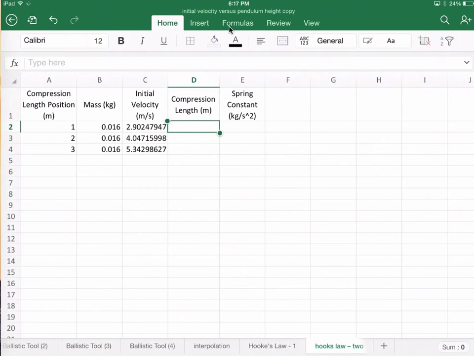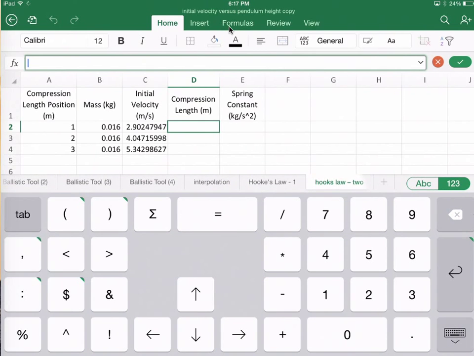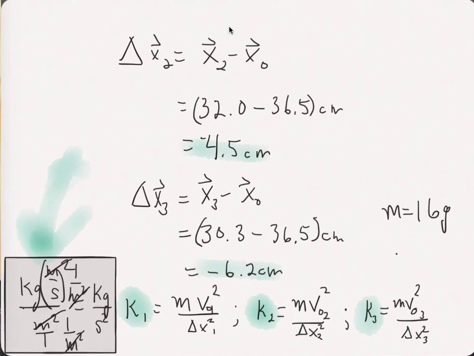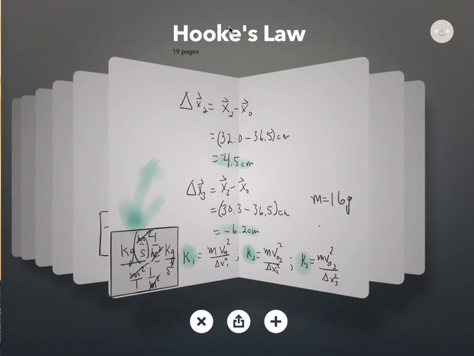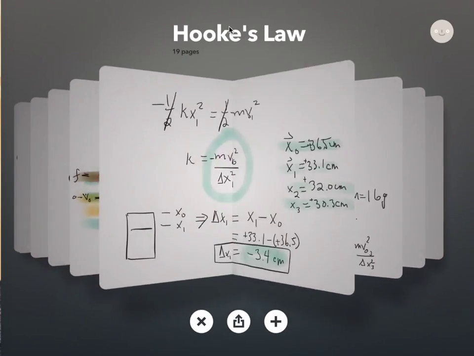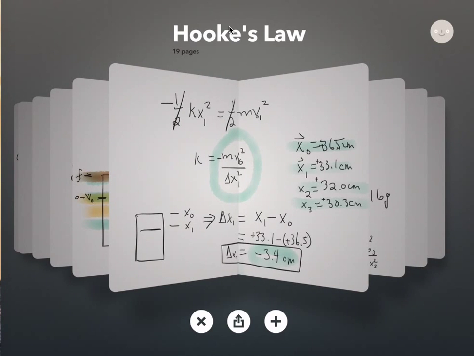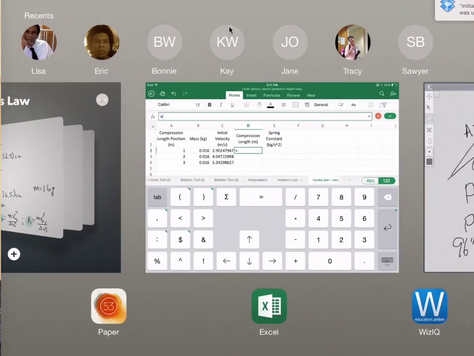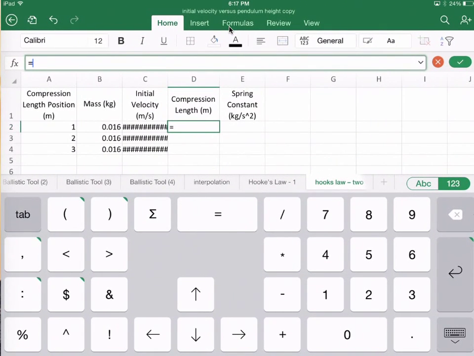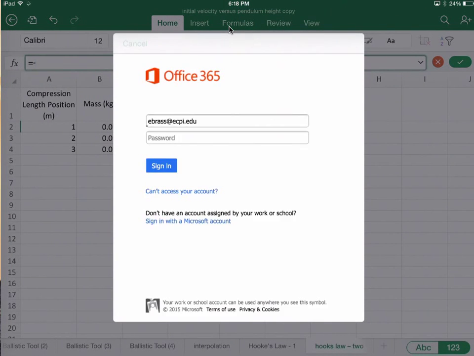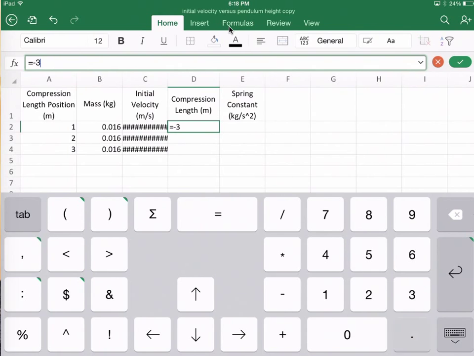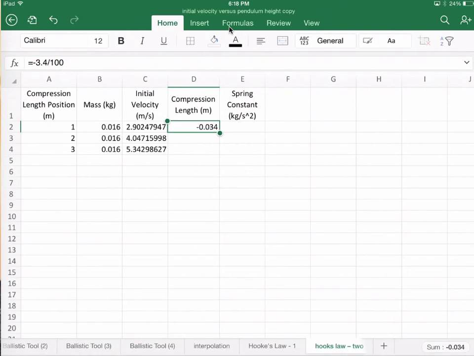Let's acquire that information. It's on the sheet that we had before. Negative 3.4 centimeters. We need to divide that by 100 to convert it to meters.